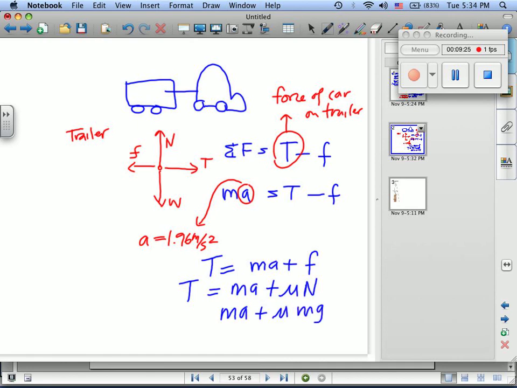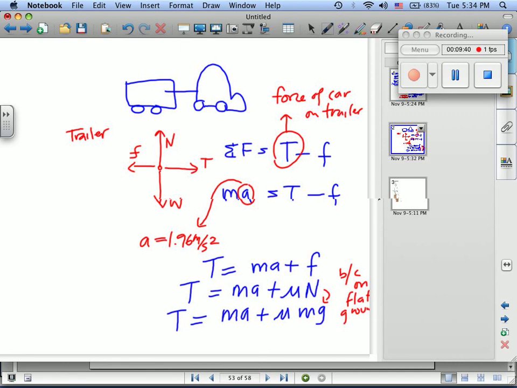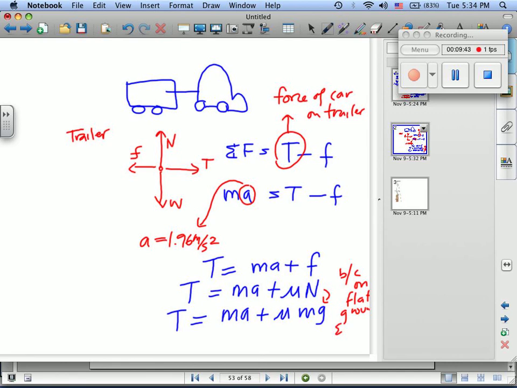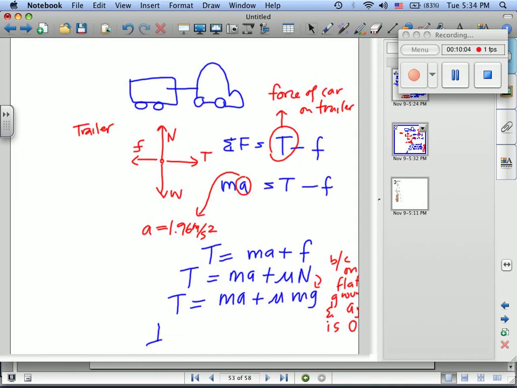A quick word here, n is equal to mg because we're on flat ground and the acceleration in the y direction is 0. So the normal force has to balance out with weight. So n equals mg.